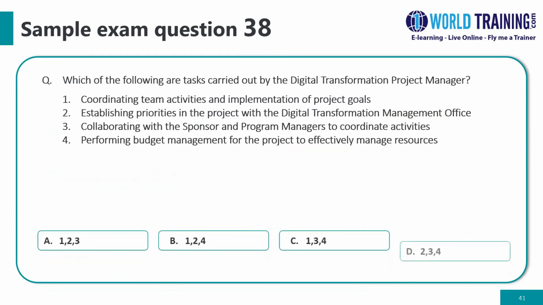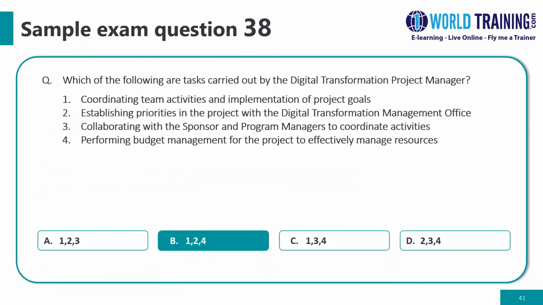Number 38, which of the following are tasks carried out by the digital transformation project manager? The answer is 1, 2, and 4: coordinating team activities and implementation of project goals, establishing priorities in the project with the digital transformation management officers, and number 4, performing budget management for the project to effectively manage resources.